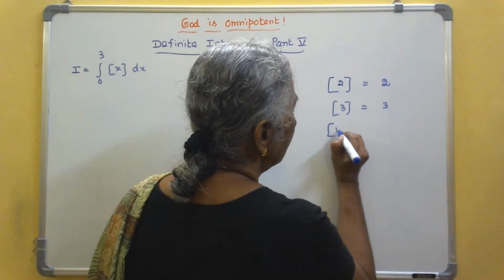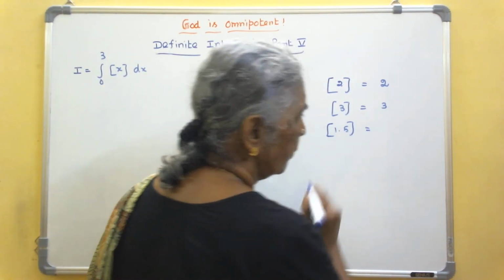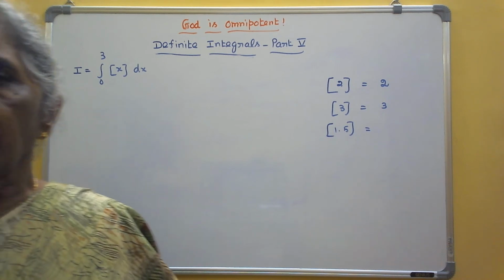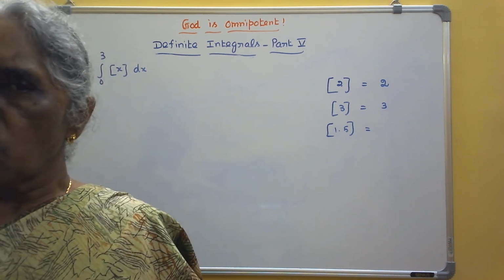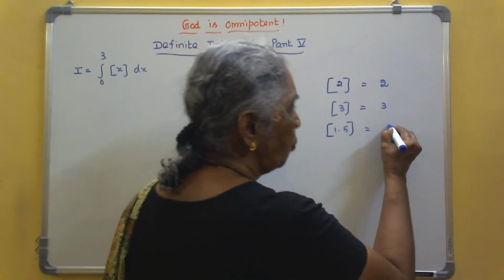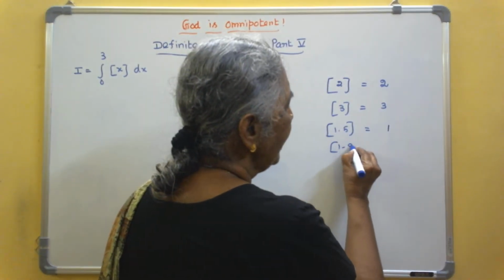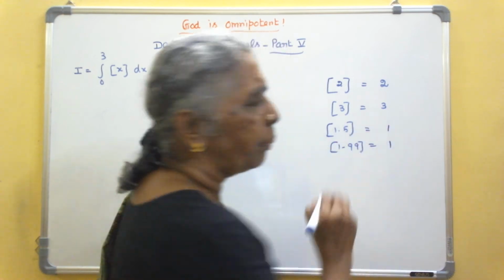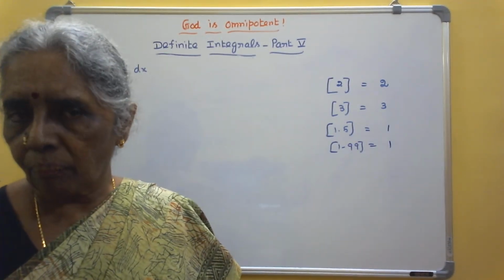Supposing you have 1.5, the integral part is 1, so the greatest integer of 1.5 will be only 1. If it is 1.99 also, that will be only 1.